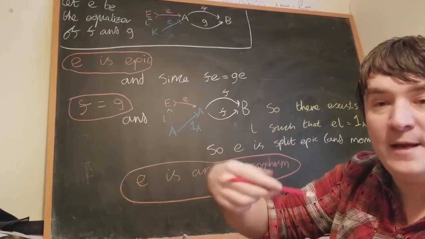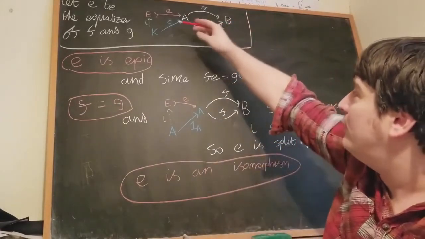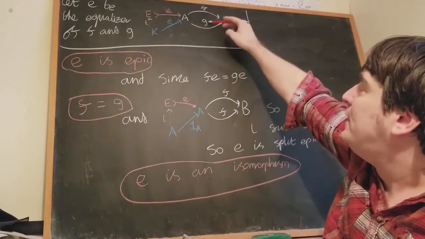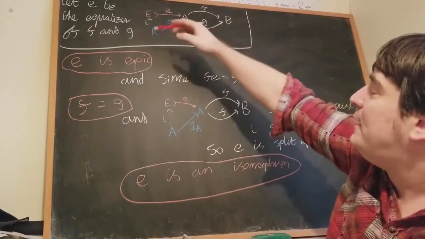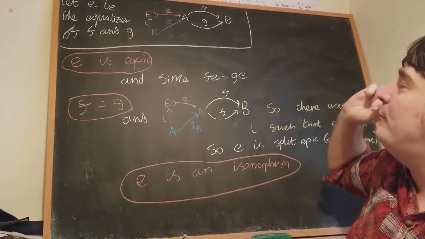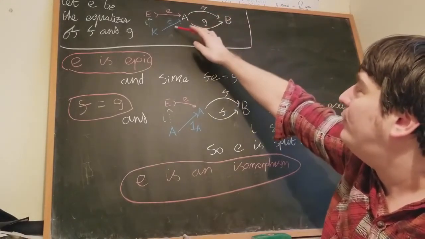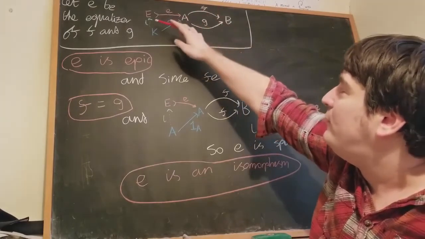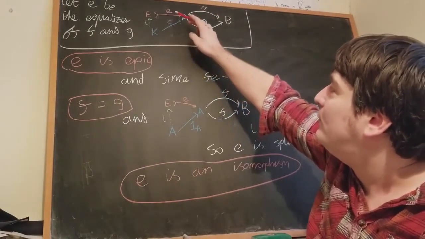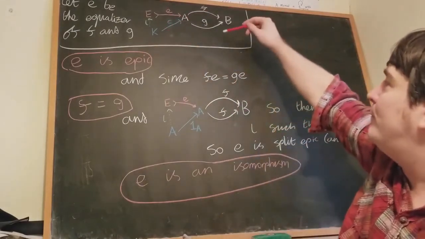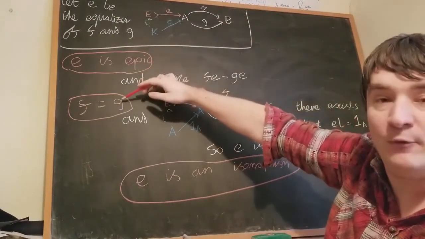Okay, so next we have that F equals G. So what does that mean? Well, it means that we can draw a diagram like this for the case where F equals G. And of course, this being an equalizer, we have the property that if F after C equals G after C, then there's this unique arrow L such that C equals E after L. So we draw this diagram, but we set F equal G because that's what we're assuming.